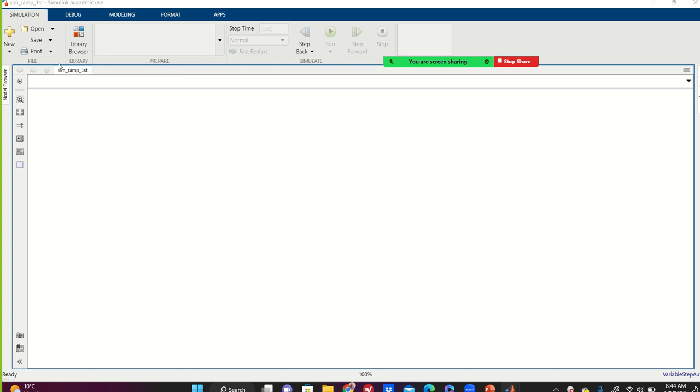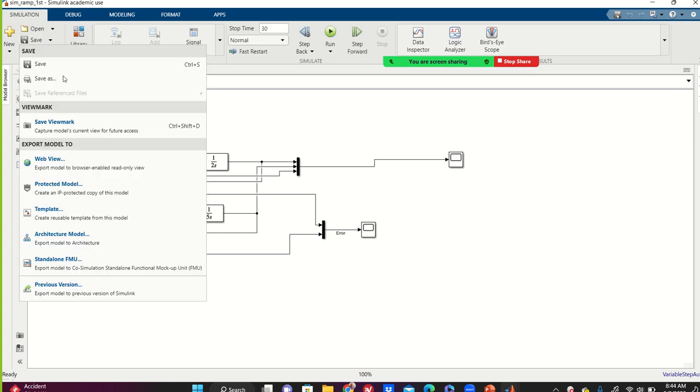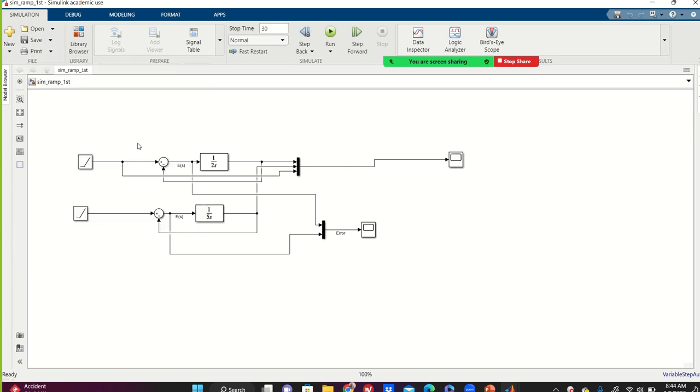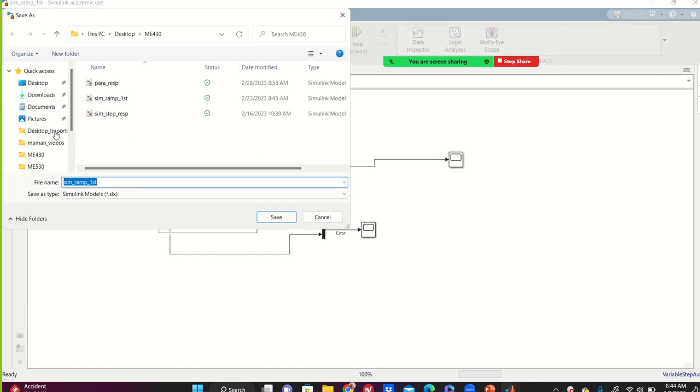And I'm going to save this as, come on, yeah, save as, ME430. This is going to be the second order system.